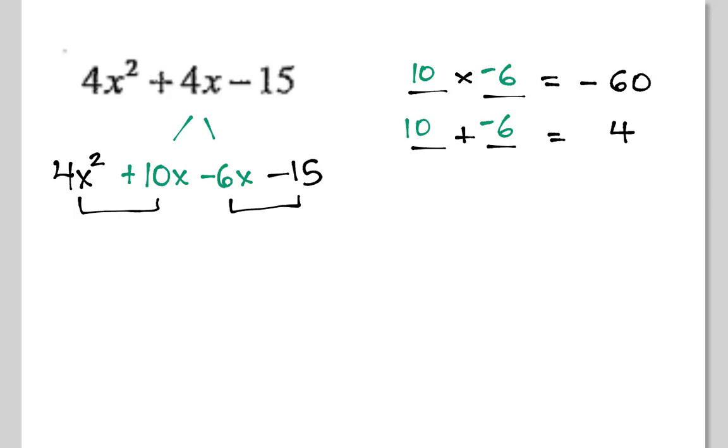All right, what's coming out of the first pair? 2x. That leaves you with 2x plus 5. Now what do you have to factor out of 6 and 15 so you end up with a 2x plus 5? Negative 3. Then those two signs will switch.